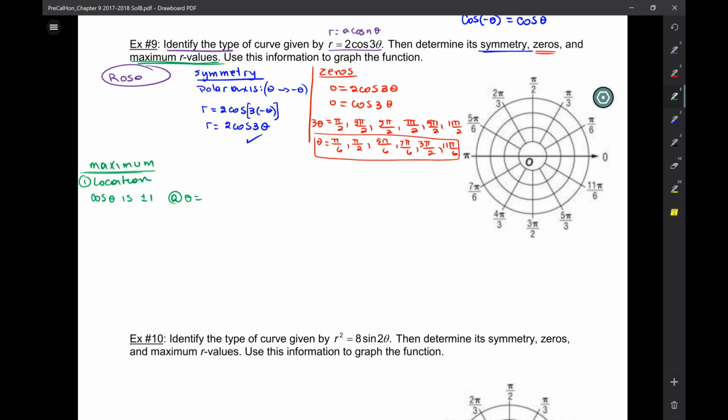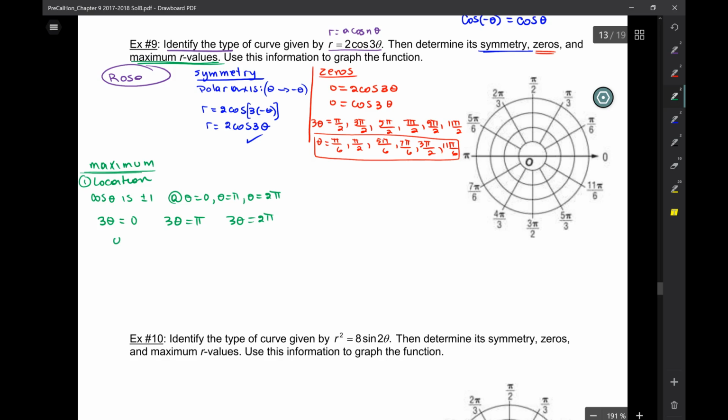So that's going to be at 0, pi, and 2 pi. All right? So at theta equals 0, pi, 2 pi, which means because our angle here is 3 theta, we go 3 theta equals 0, pi, 2 pi.